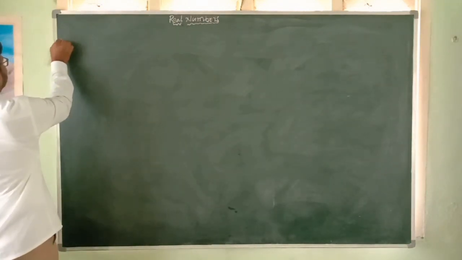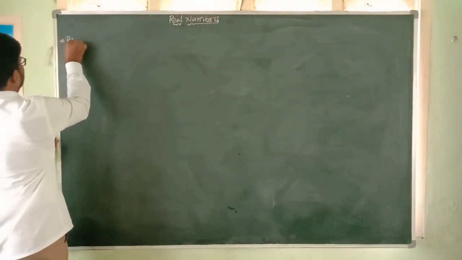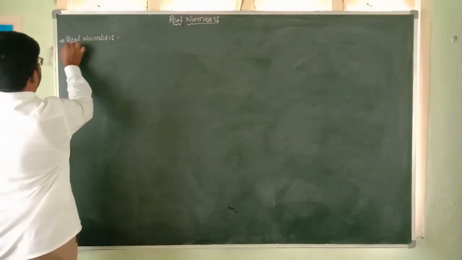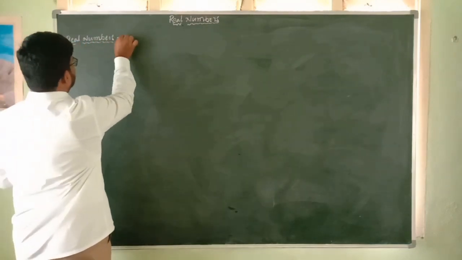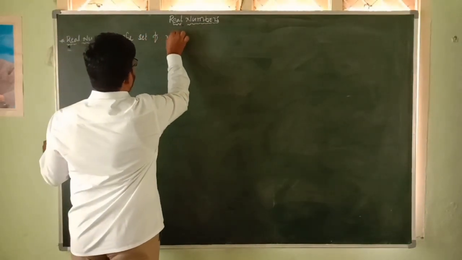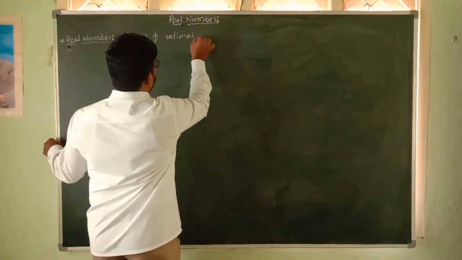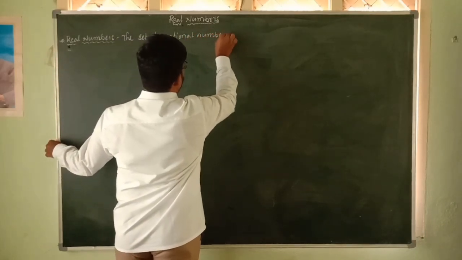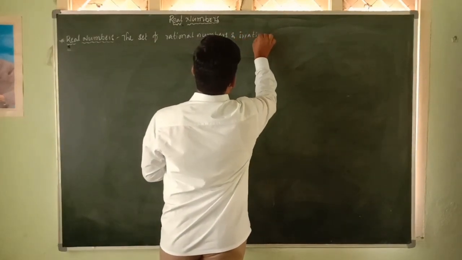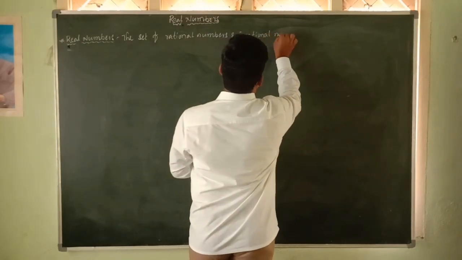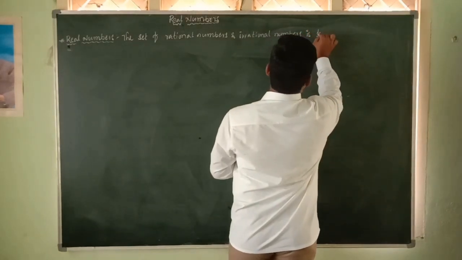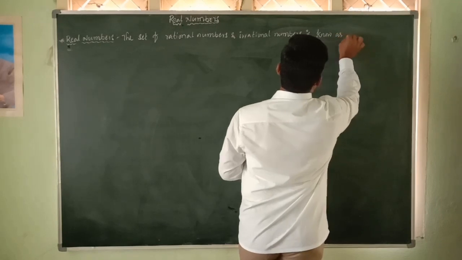The set of rational numbers and irrational numbers is known as real numbers.